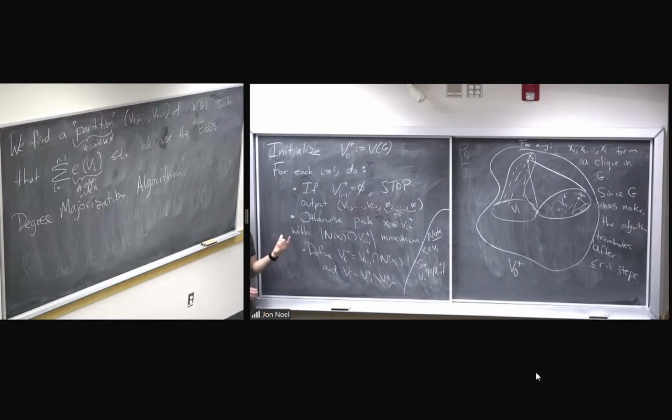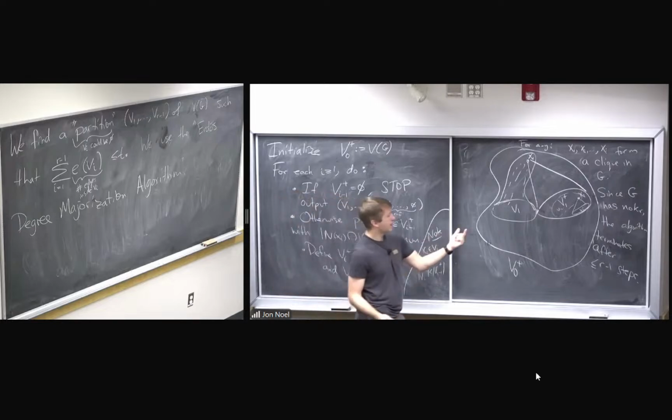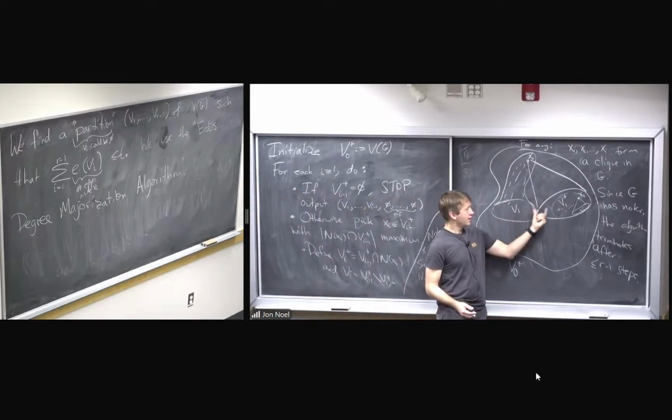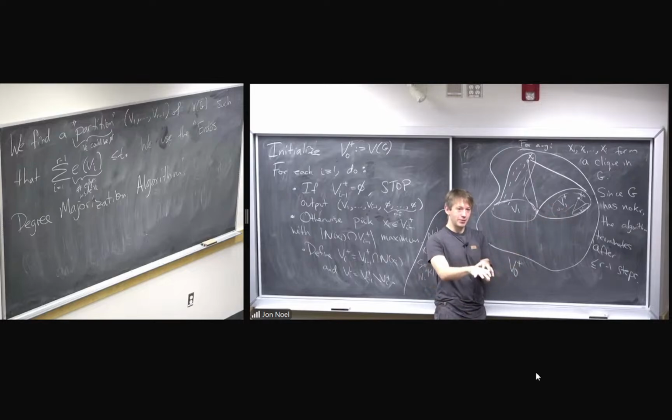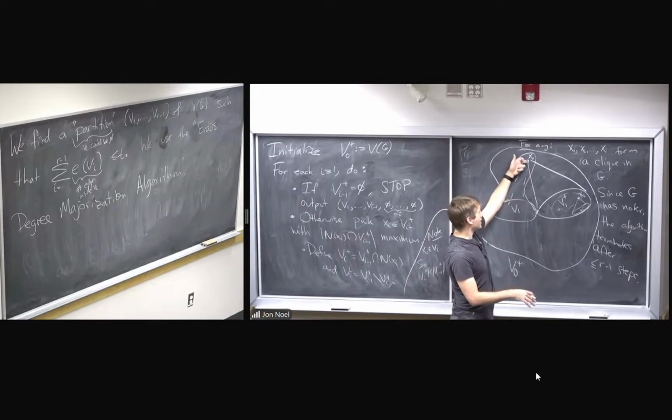Oh, also, is it clear that this is a partition, that these sets are not going to intersect? If you think about it, in our first step, if I take V1 and V1 plus, that partitions the vertices into 2 sets. It's the neighbors and the non-neighbors of x1, because remember, x1 itself is in V1.